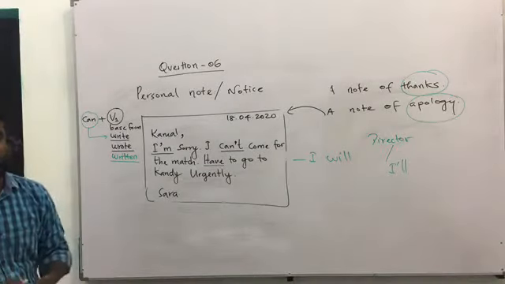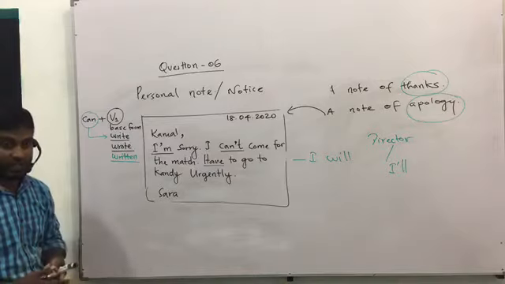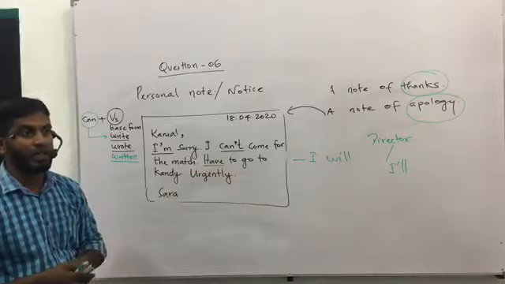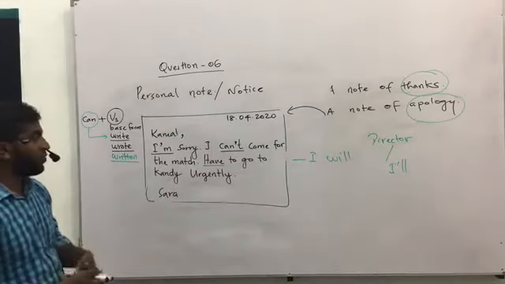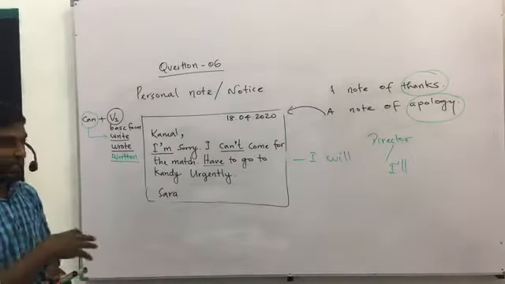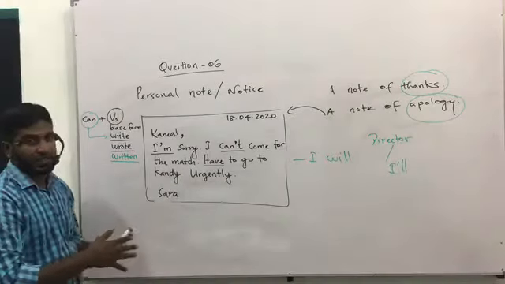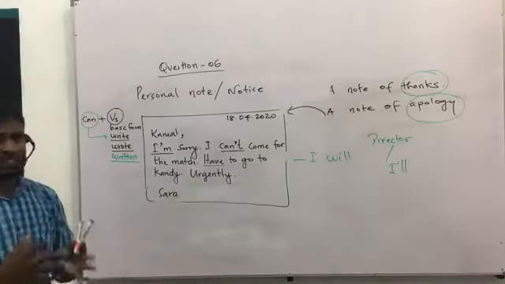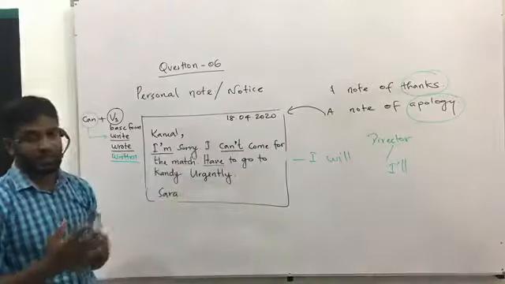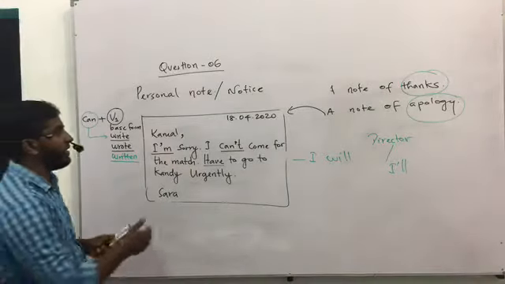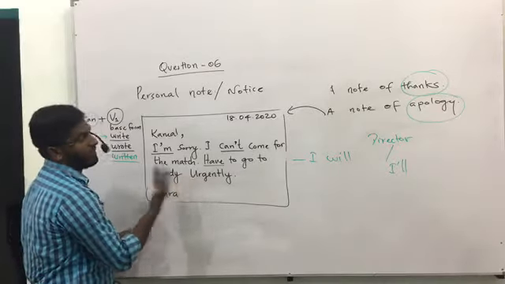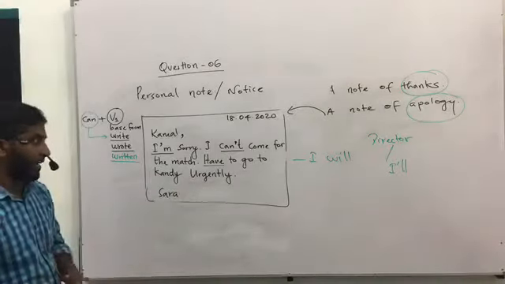They want to go to Kandy very quickly because of urgency. Sometimes they may have some work in Kandy. The subject is hidden, and this is a kind of sentence which can be used when you write a personal note to your friend or someone else, right?